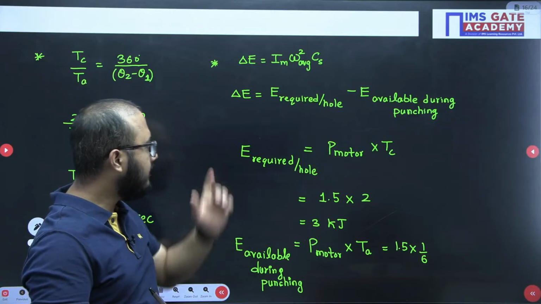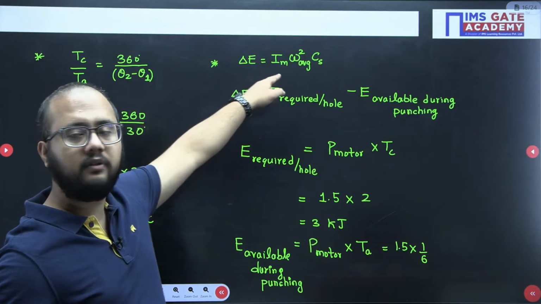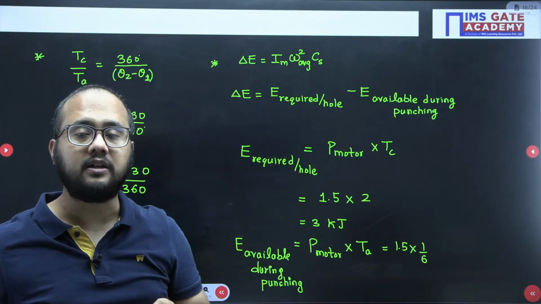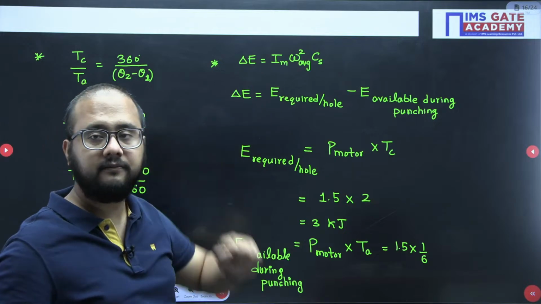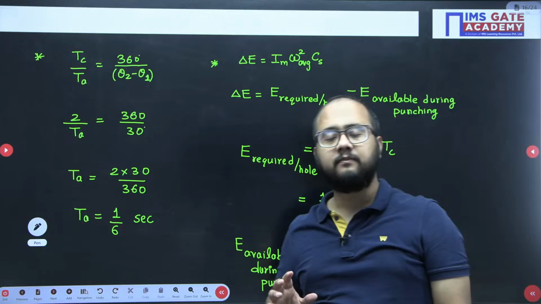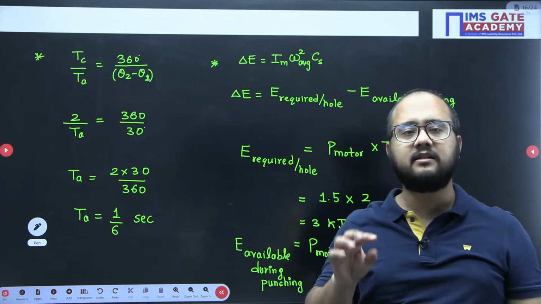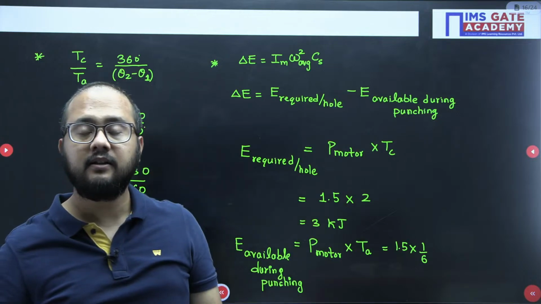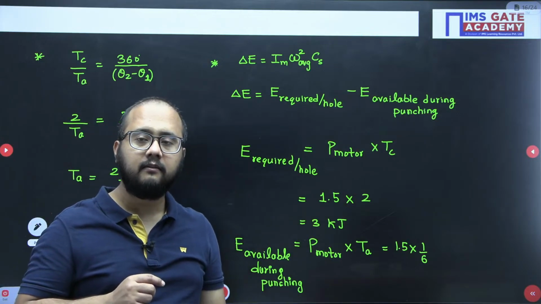Okay. That delta E value I will use here and I will be able to calculate the mass moment of inertia. Now the point is omega average. How to calculate omega average? See, the crank rotation happens, we know the complete rotation is 360 degree, right? And for that, what is the time required? 2 seconds.